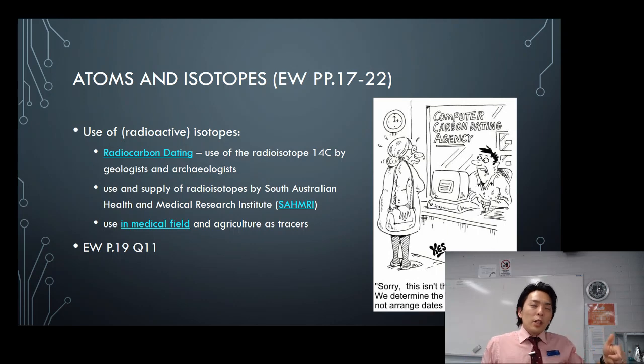It will eventually become C12 or C13, but it takes a lot of time. Therefore, you can use that technique to measure how old some artifacts are. So geologists and archaeologists use this carbon dating technology to figure out when, say, fossils come from, which era or which year.